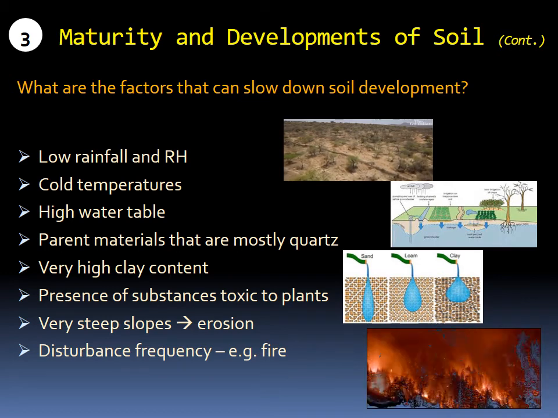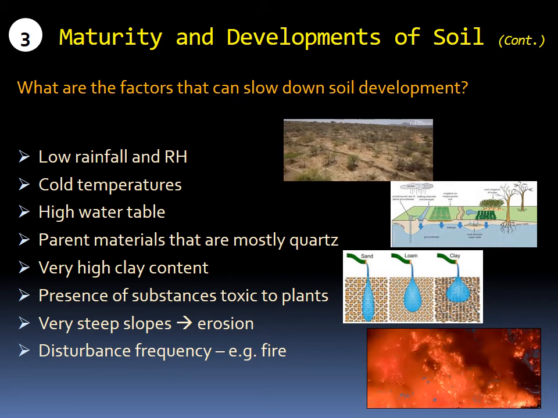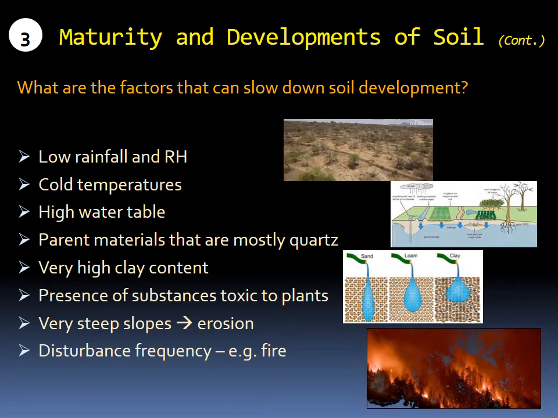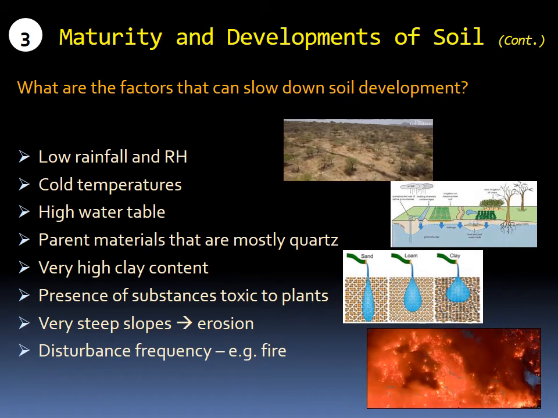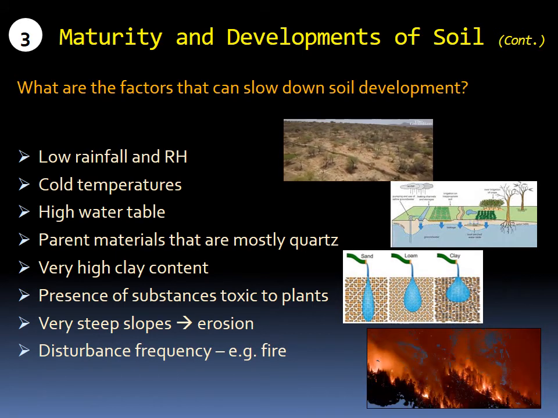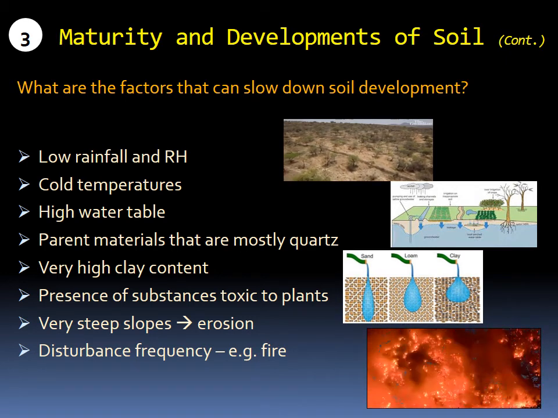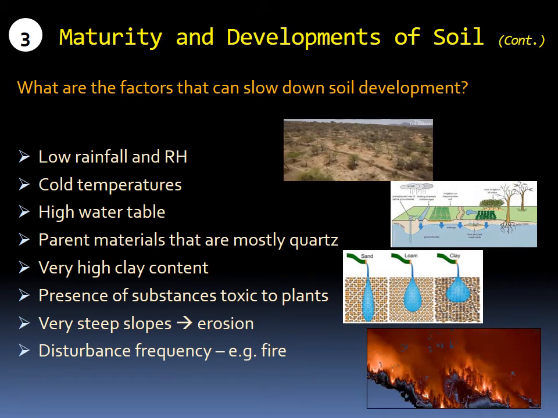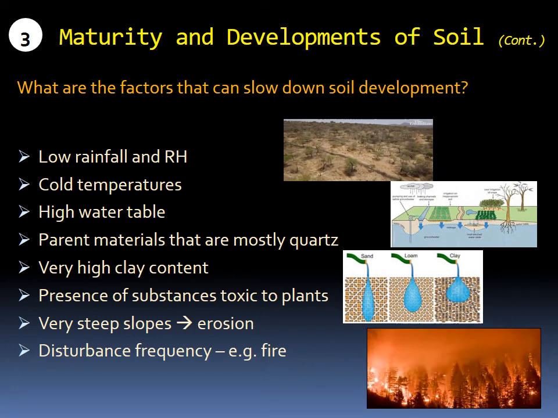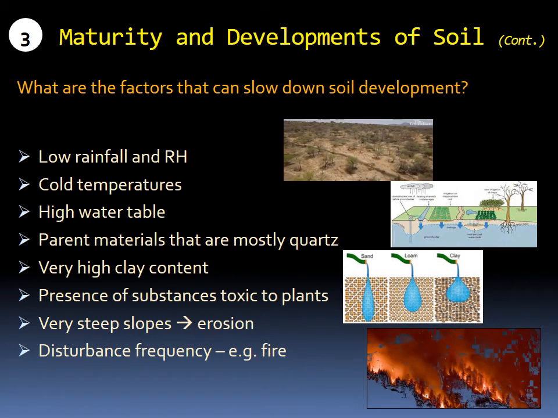For example, lower rainfall and relative humidity. When you have less water into the soil, you have basically less development, because water is very important, especially for the chemical weathering.